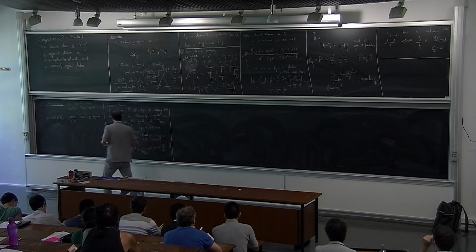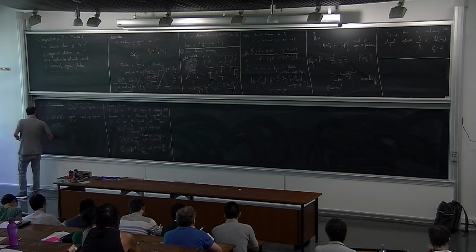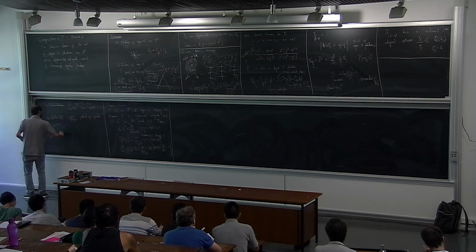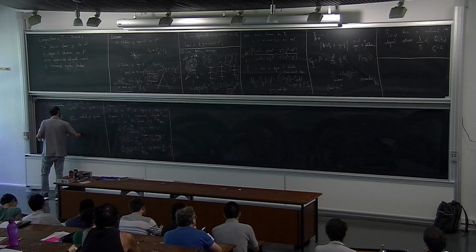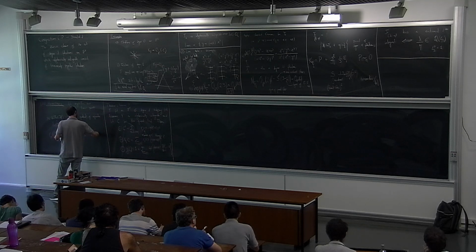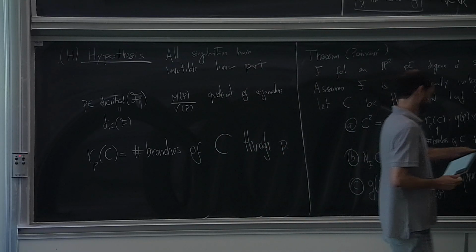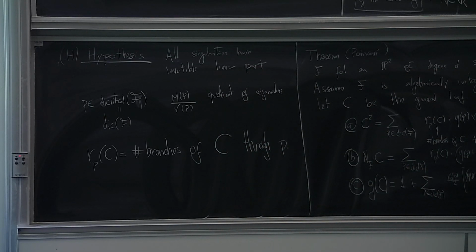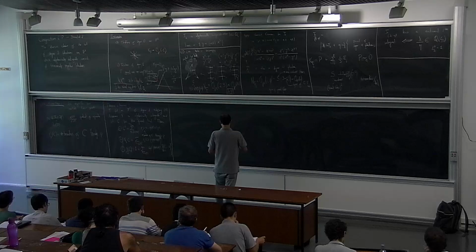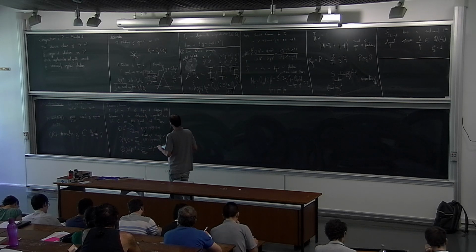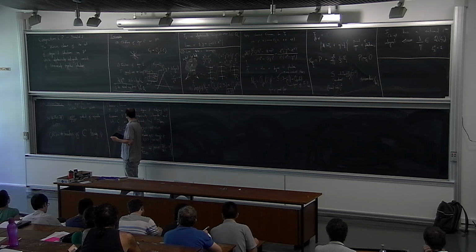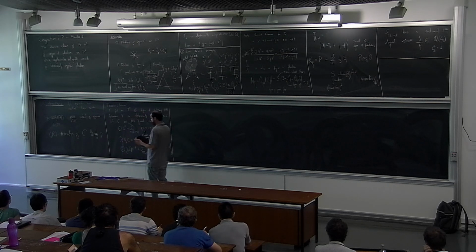So RPC is the number of branches of C through P. Degree of NFC, or is, sorry, in formula B, this number on the left hand side? NF is a line bundle, C is a curve, and it's an intersection number. Okay.